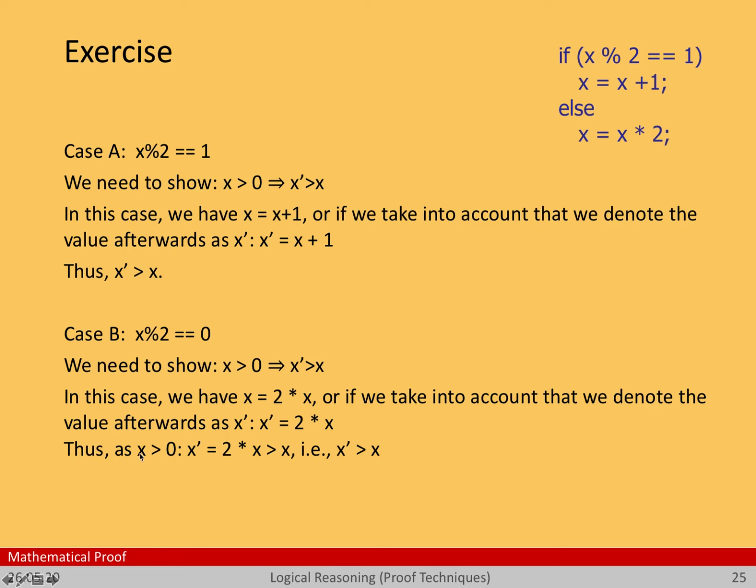Thus, because we initially assumed that x is larger than 0, we can rewrite that as x prime is 2 times x, and that is x plus x, and x is something larger than 0, so that means 2 times x is larger than x. And with that we get x prime is larger than x. So for both cases, we now have shown that the relationship we were seeking holds, so we can make this conclusion.